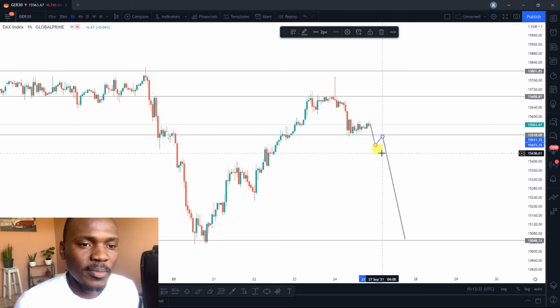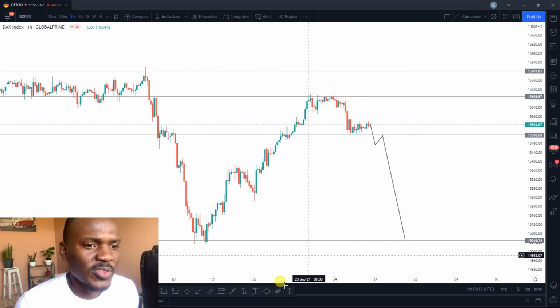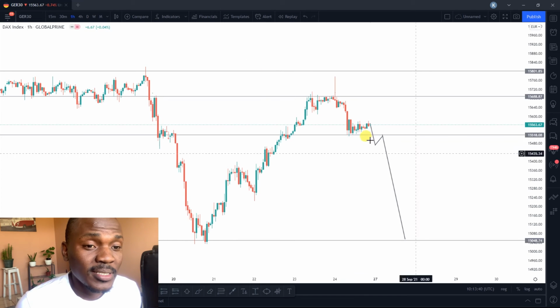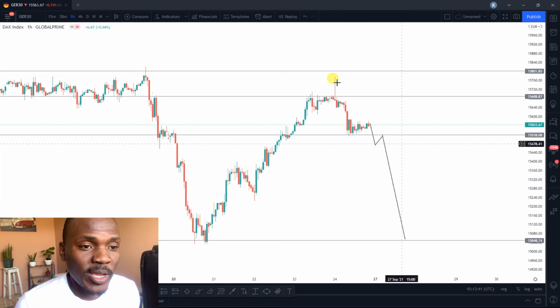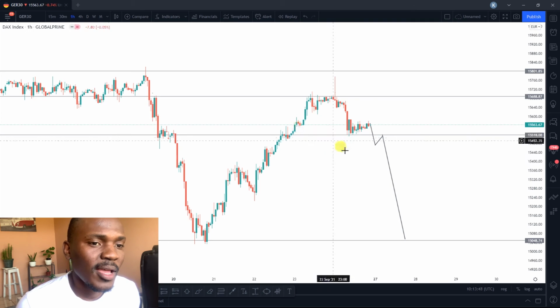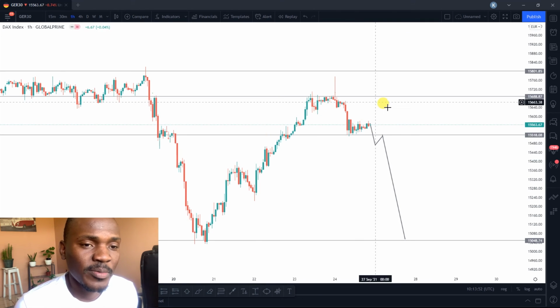So yeah, this is what I'm actually expecting on GER to happen in terms of support and resistance. But I'm not saying this is the exact thing that will happen here, because as you guys can see, in respecting this support, and this support is pretty valid because we drew it on the higher time frame.